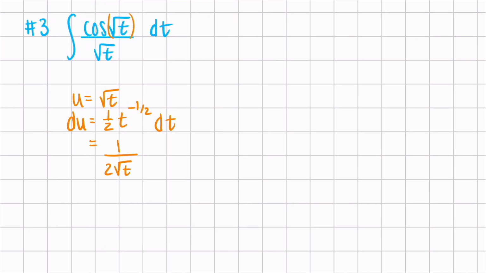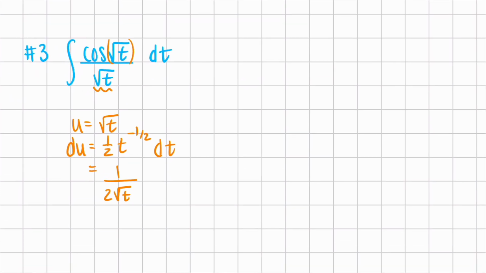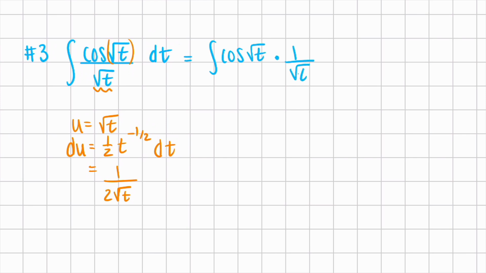And notice that we have a rad t in a denominator already. So I'm going to rewrite this one more time. I'm going to move my 1/rad t next to my dt. Now I want 1/2 rad t. Keep in mind, this is me multiplying by 1/2. So I'm going to multiply by a 2 out front.